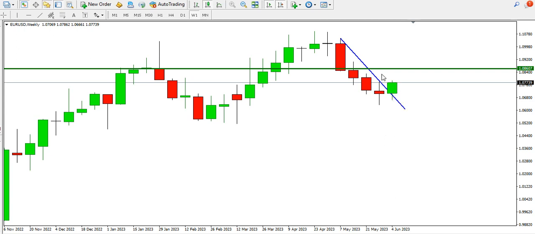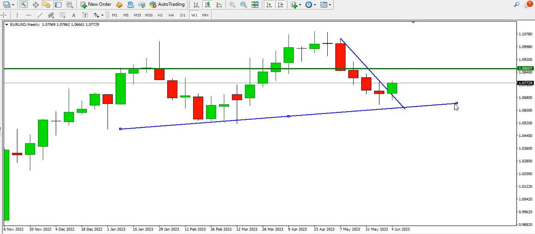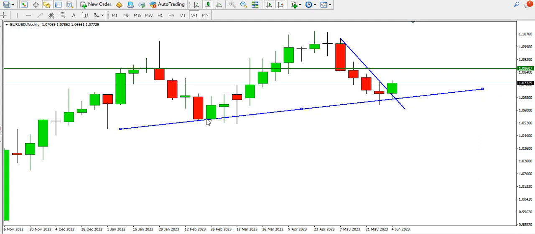This particular week's candlestick has broken the high price of last week's candlestick, and that's a clear indication that price might be retracing for some time.